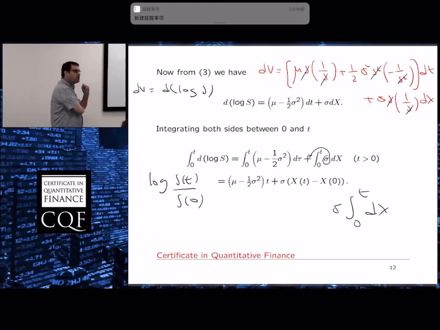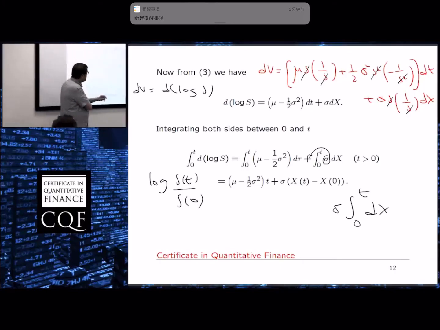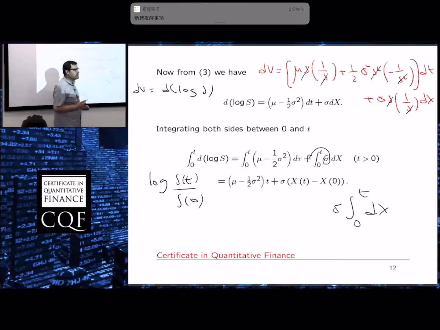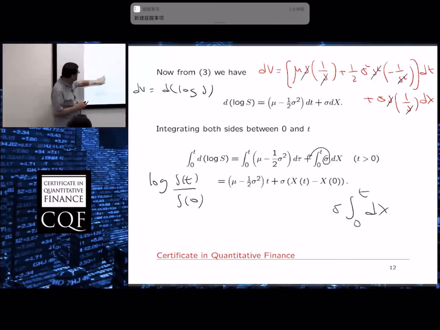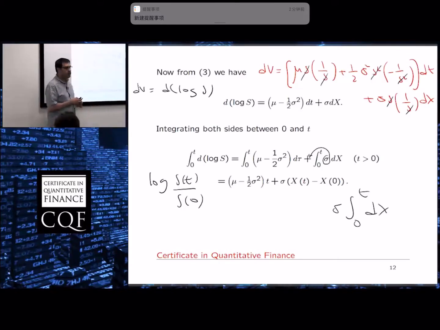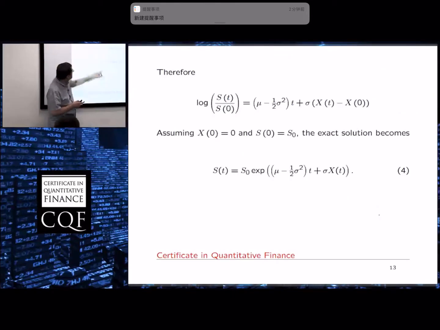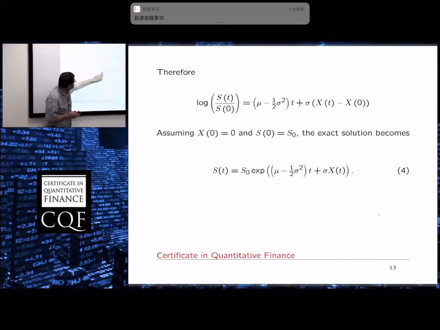So x naught, whether you leave that as x naught or you say that, well, that's actually 0, it makes no difference. Are you happy with that? Now remember, we're trying to capture, given today's stock price, s at 0, the stock price at some time in the future, at time t. So obviously, if we take the exponential of both sides and take the s naught across, we then get a formula for st. So that's what's happening, and that's what we end up with.